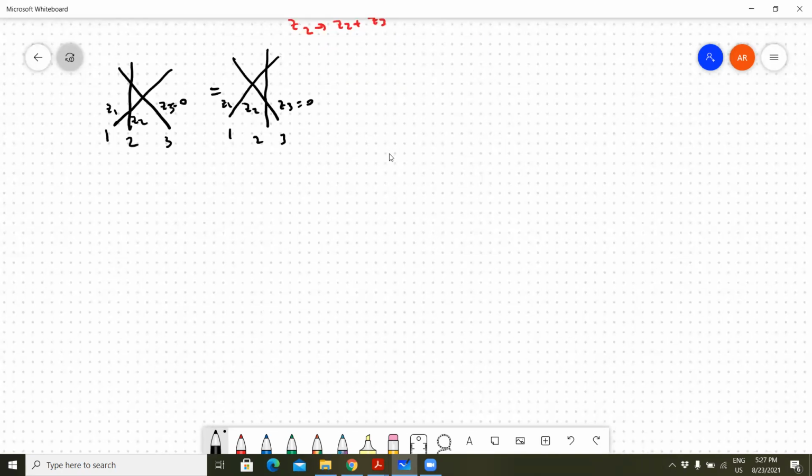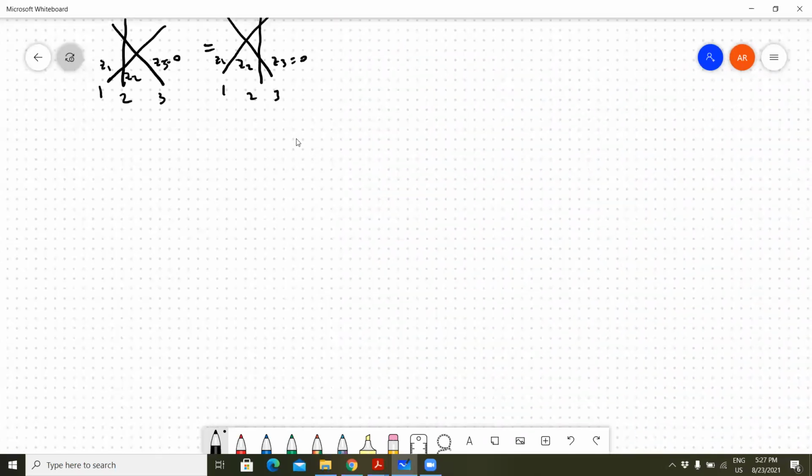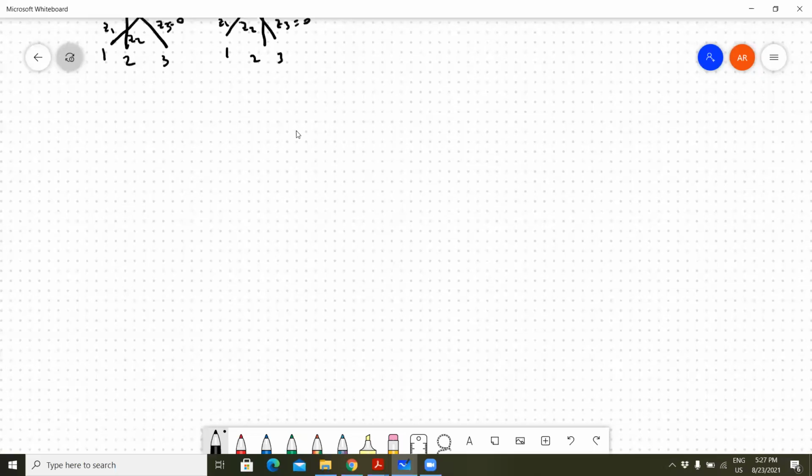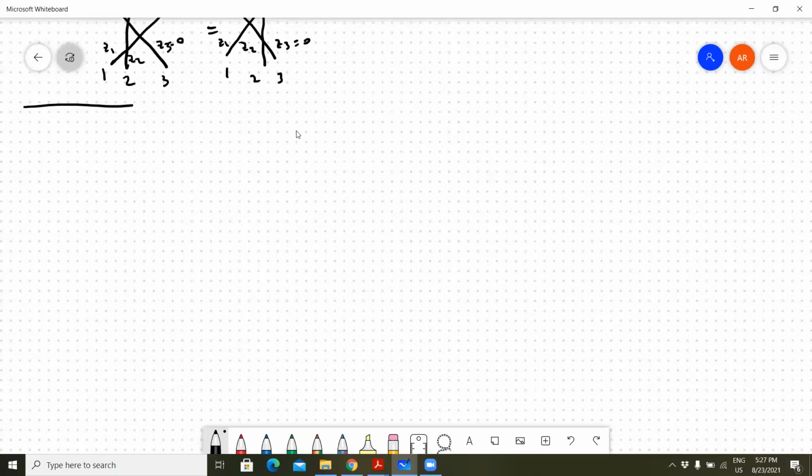Okay, one thing when we quantize is that we want to be sure that the classical part is okay. So what I will do now is to show how to recover the classical Yang-Baxter starting from the quantum one, just to make sure we are doing everything accordingly.